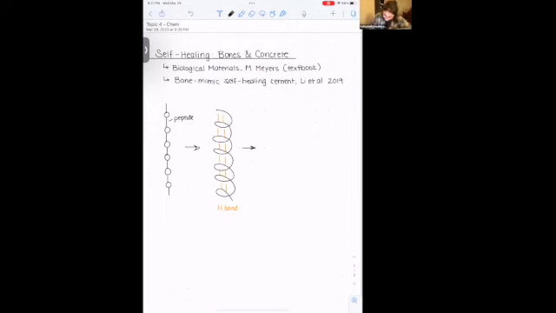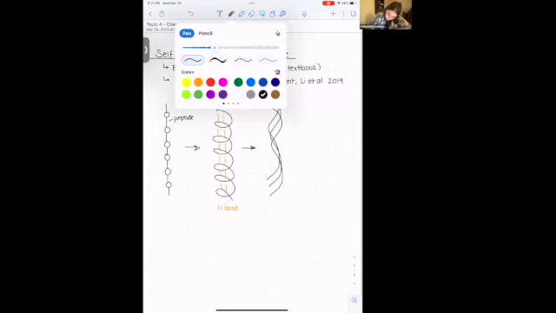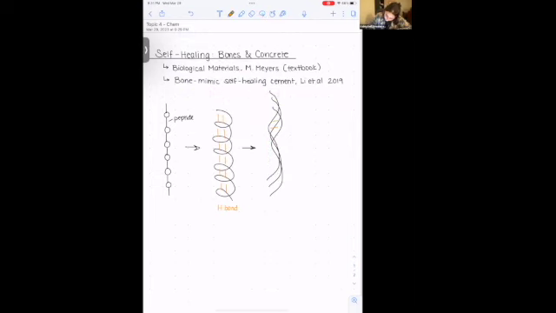And then the secondary structure of an individual collagen molecule can come together and form a structure where you get three collagen molecules that are connected by intramolecular hydrogen bonds to give this tropocollagen structure. And this tropocollagen is actually the basis of what makes up bone.